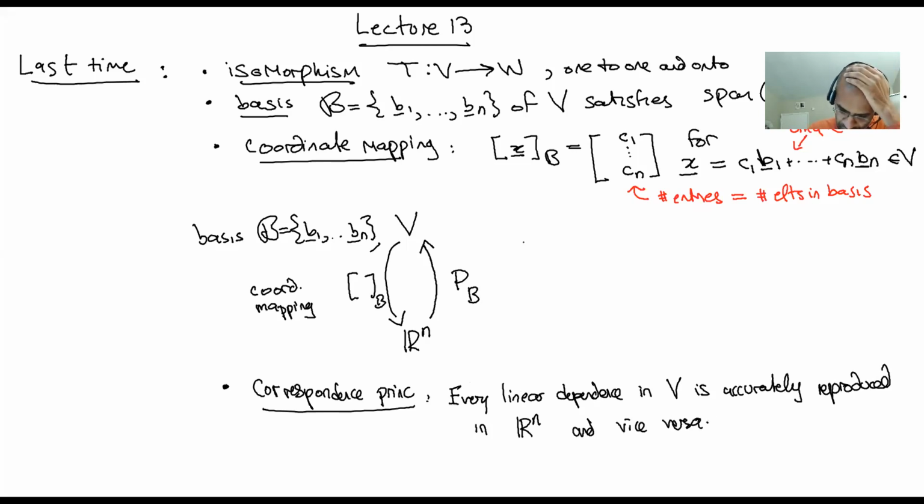There are many ways to think about this intuitively. One way is that what's happening up here is happening in a so-called abstract vector space, and what's happening here is happening in a concrete vector space.